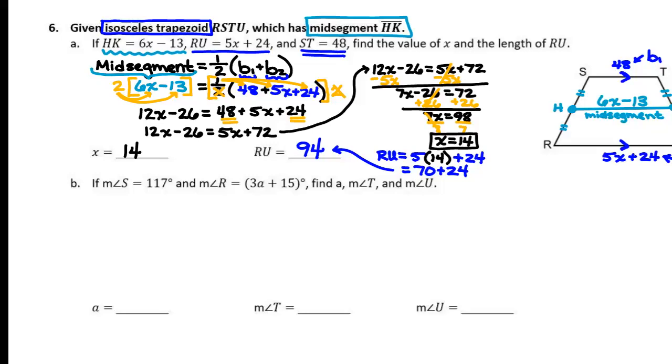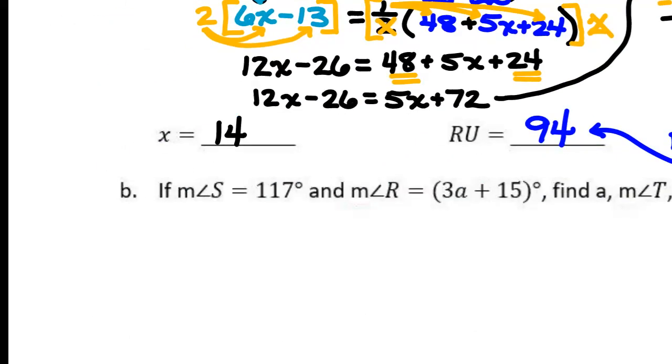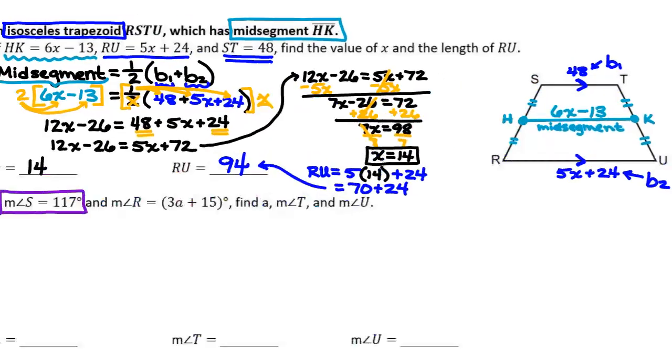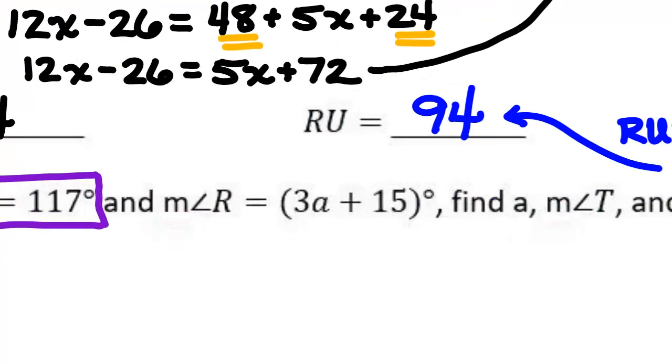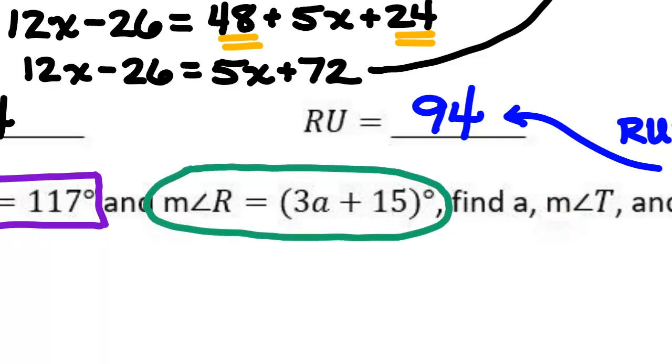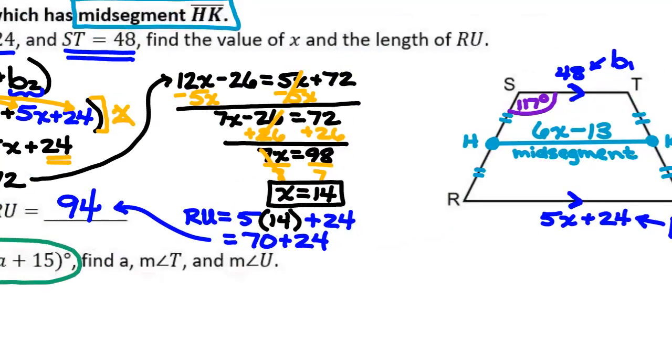For part B, they're giving me more information now that I can add to my picture. It says that the measurement of angle S is 117 degrees. So I'm going to come up here to angle S. That is 117 degrees. And then they tell me that the measurement of angle R is 3A plus 15 degrees.